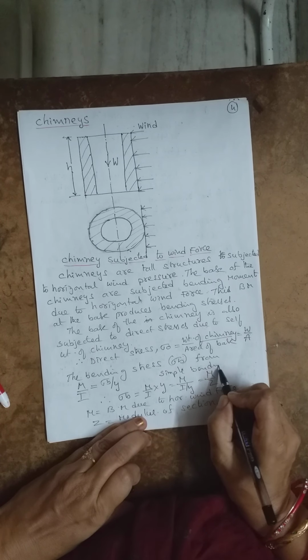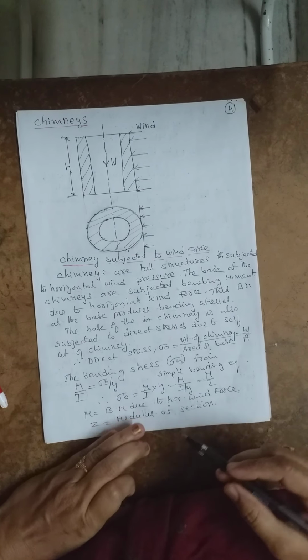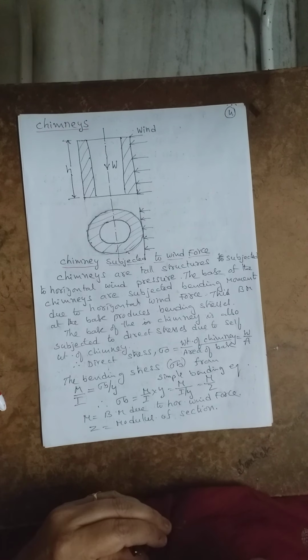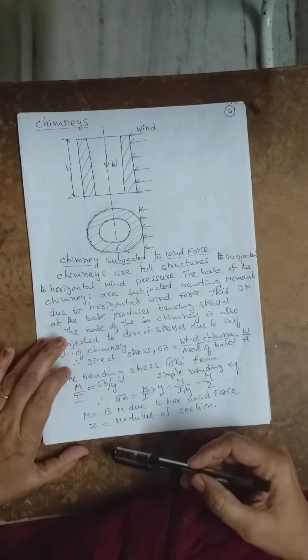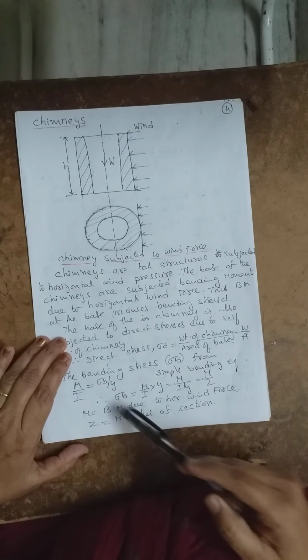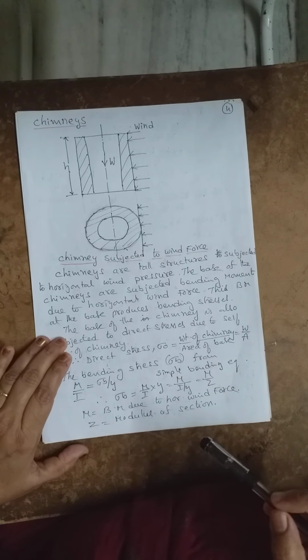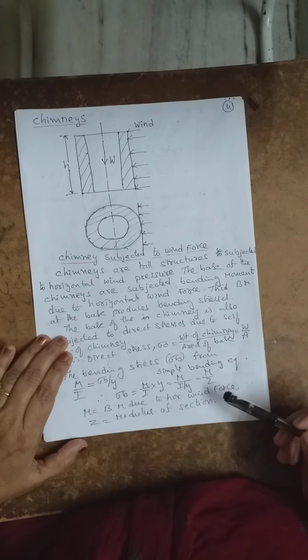In the simple bending equation, M is the bending moment, and I depends on the section of the base, and sigma B is the bending stress, and Y is the distance to the CG.